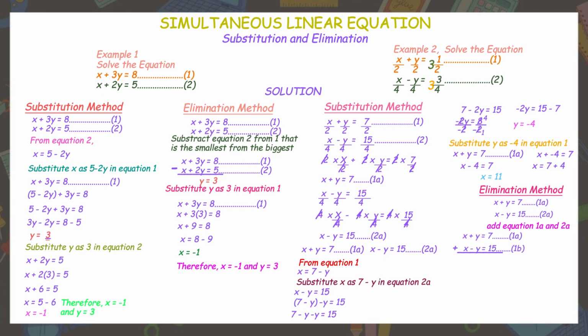If we add from here, 15 plus 7, what will it give us? It will give us 22. Then, the interpretation of this, remember we are adding equation 1 and 2, that will be y plus minus y.